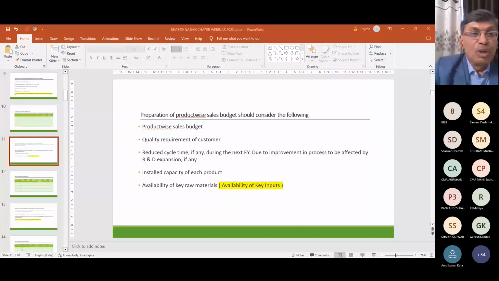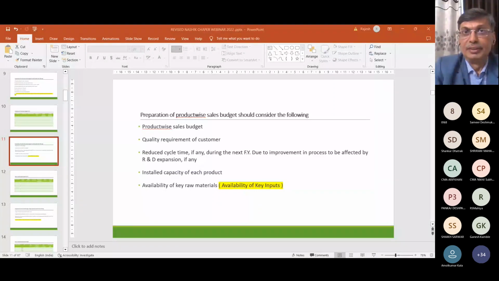Then another important part: there may be a regular practice to develop new vendors for the key raw materials. When new vendors are developed, it will result in twin benefits to the company. One, it will have more options with respect to vendors, so the company will be able to get competitive rates.